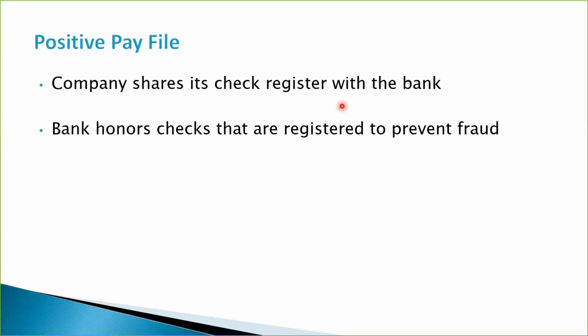So what this means is that the bank has the list of all the check leaves that your company is going to be using. So maybe it knows that you have a certain check stock, and it has 1,000 leaves, okay? And the numbers on those particular leaves.